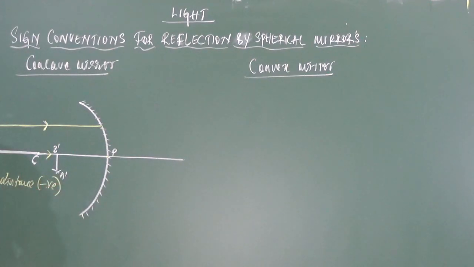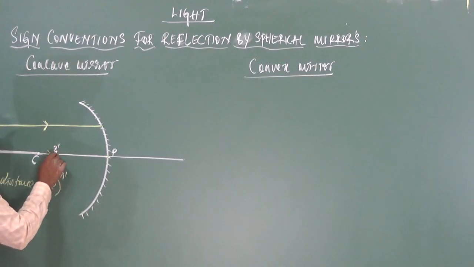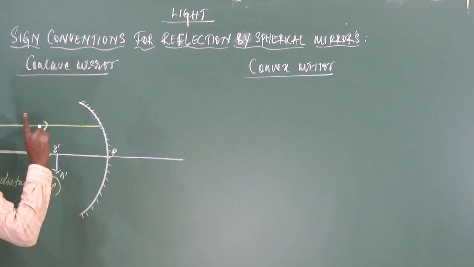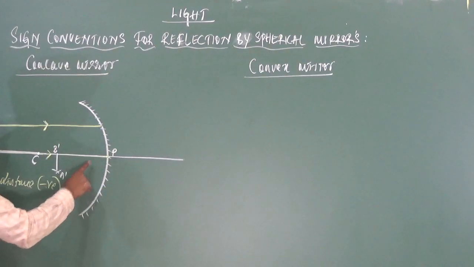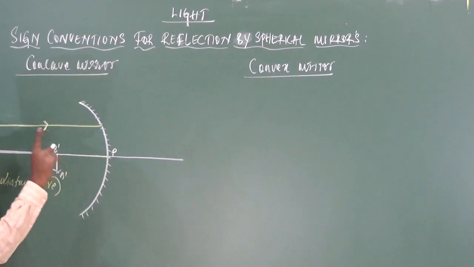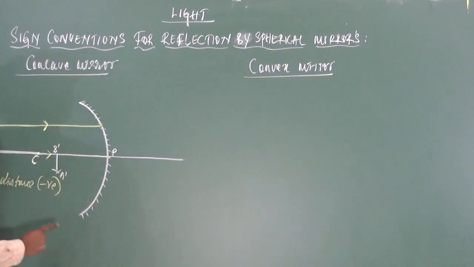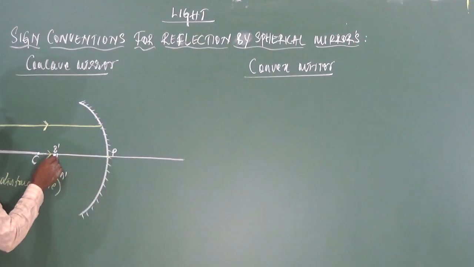Let us go with the second one. Let us imagine the image of this particular object is formed here. This is A dash, B dash, just to differentiate, I am giving different names. As I told you in the first point, anything you measure in a mirror should be measured from the pole of the mirror. So let us measure this distance.